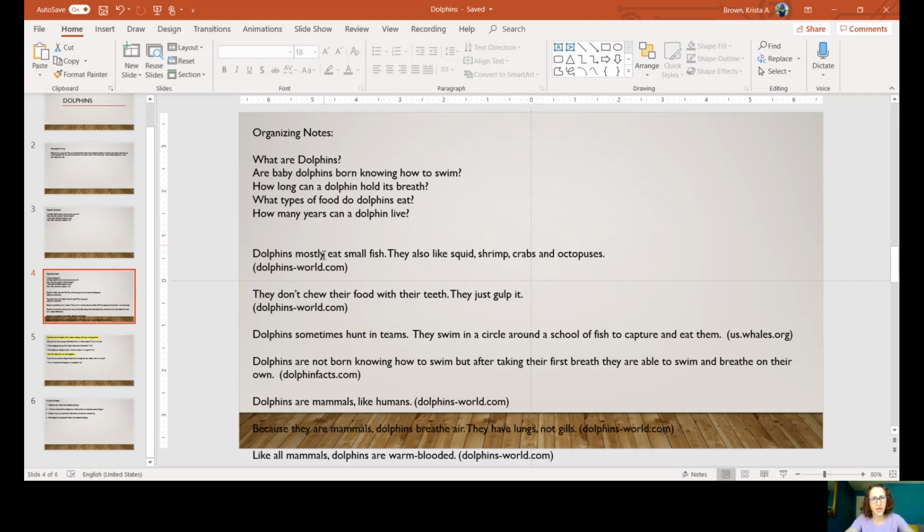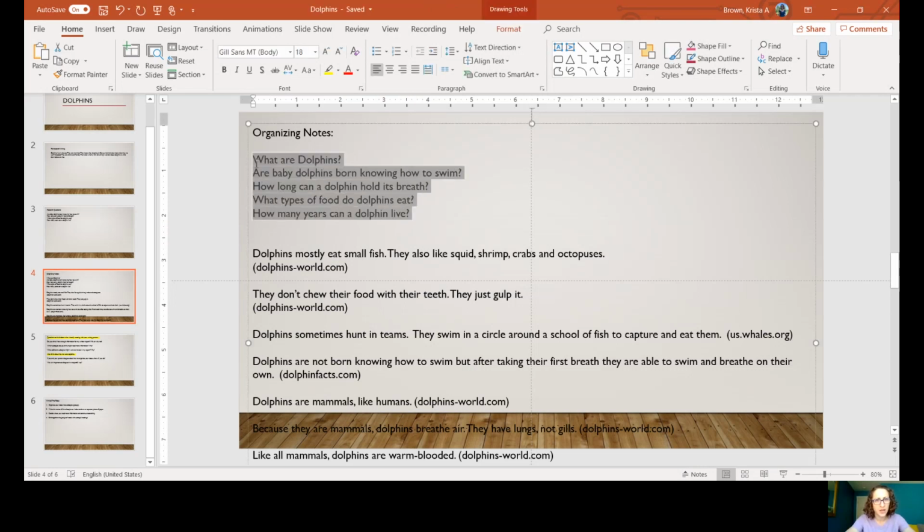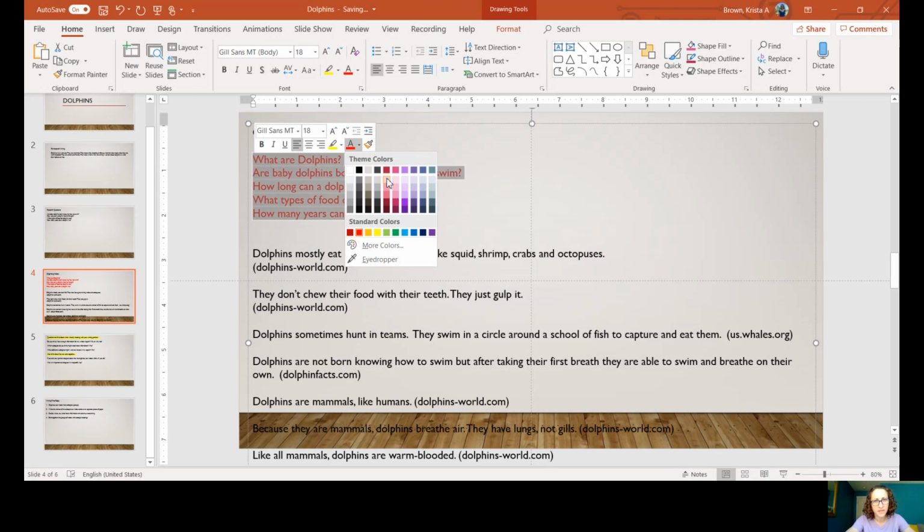Now what I need to do is go through each of my statements. But before I do that, since we're working online, I'm going to turn these into a different color. We'll go dark purple here, just so that you can see how I'm going to be sorting.